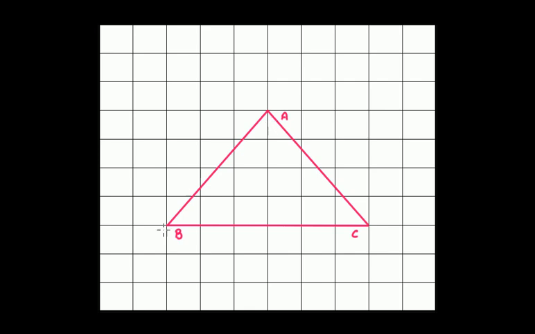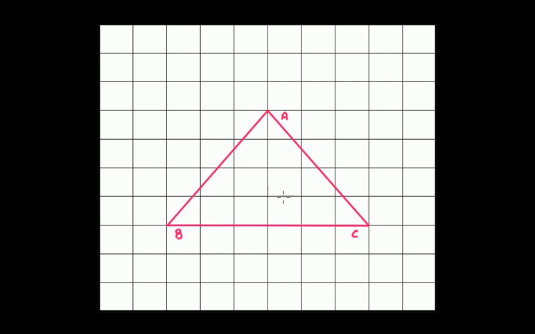Now we have this equilateral triangle here, ABC. In an equilateral triangle, we know all the sides are equal and all the internal angles are equal. Angle A is equal to angle B is equal to angle C. Edge AB is equal to edge AC is equal to edge BC.